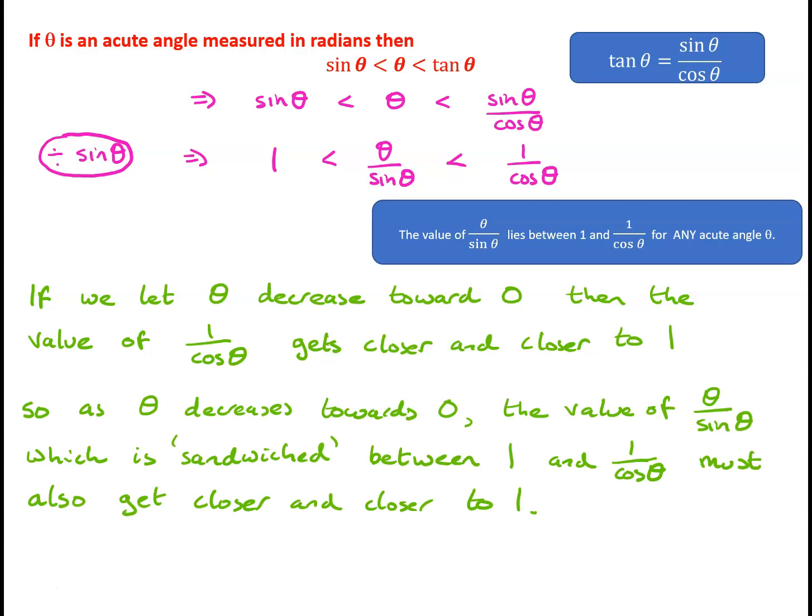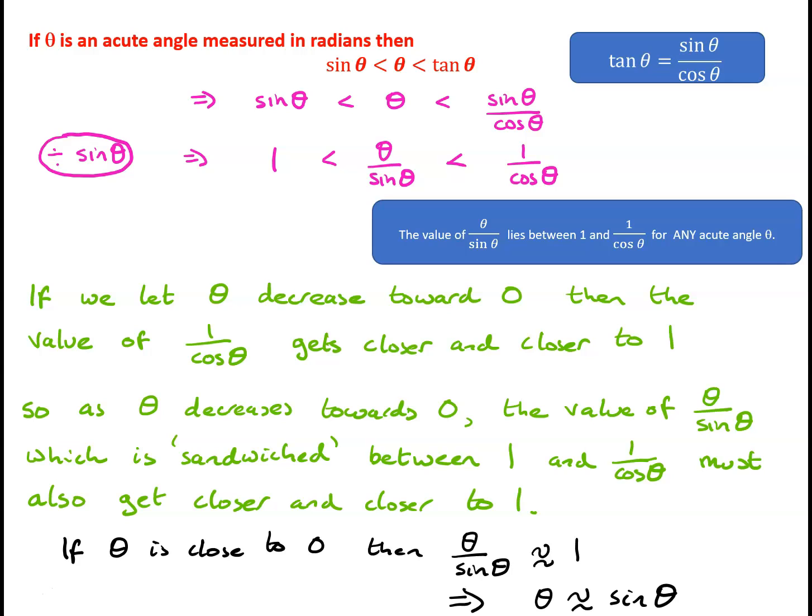Now this means that as theta decreases towards 0, the value of theta divided by sine theta, which we know is sandwiched between 1 and 1 over cos theta, must itself also get closer and closer to 1, because we know that 1 over cos theta tends to 1 as theta tends to 0. So if theta is close to 0, the value of theta over sine theta must be very close to 1. In other words, we've got theta is approximately equal to sine theta.